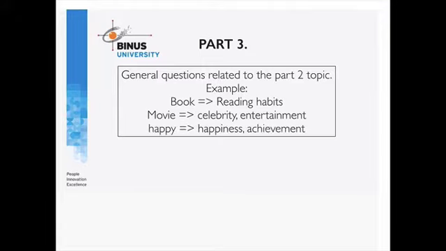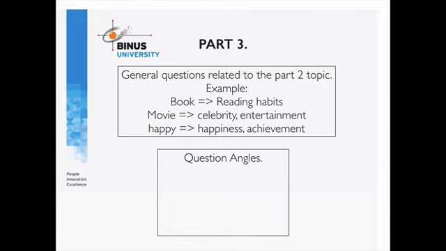If you talked about a time when you were happy in part 2, part 3 would move on to questions about the concept of happiness, what makes people happy and why, that kind of thing, and also achievement as well. So there are some angles that come in.